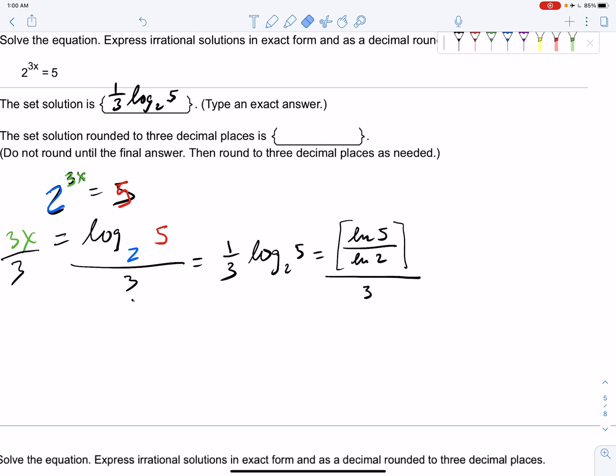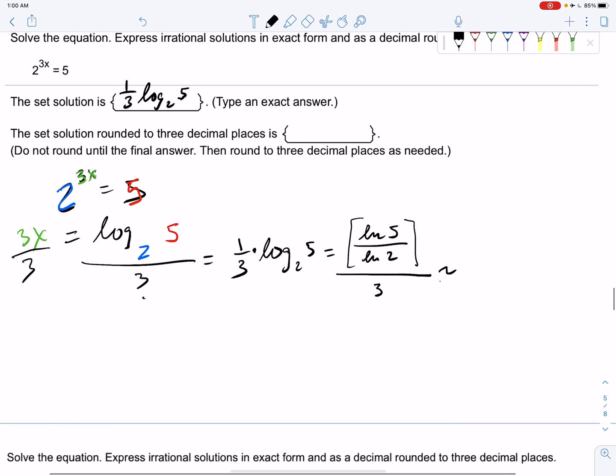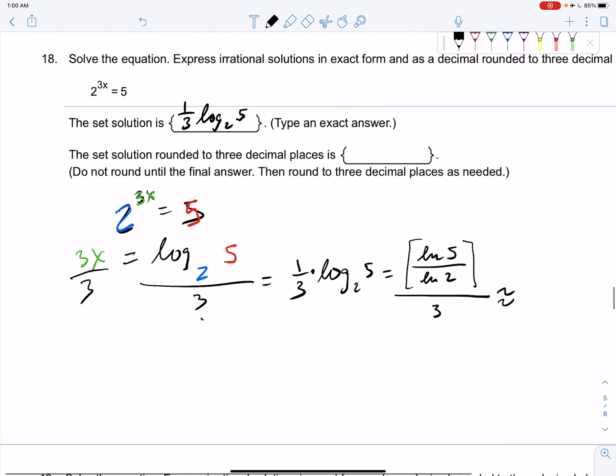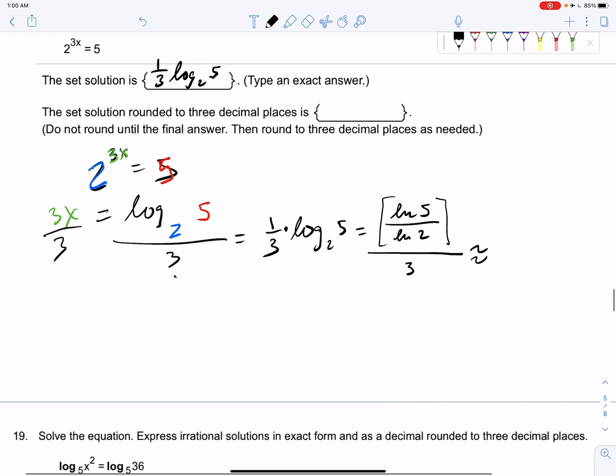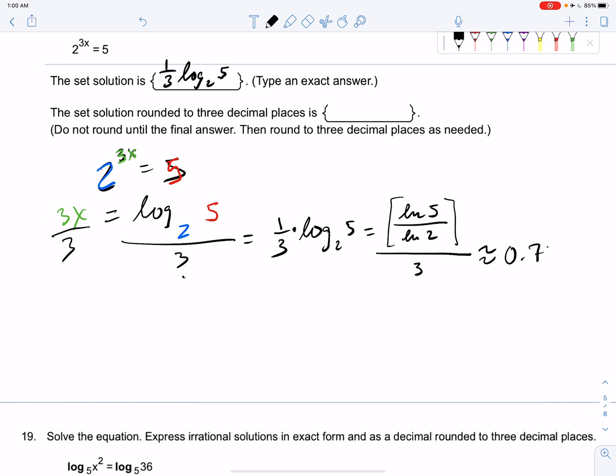You could also multiply it by 1/3, but don't multiply it by 0.33, because you're going to lose some value. It's better to divide by 3 because 1/3 doesn't have an exact decimal value. So once we put it in the calculator, we get approximately, this is problem 18, 0.774.